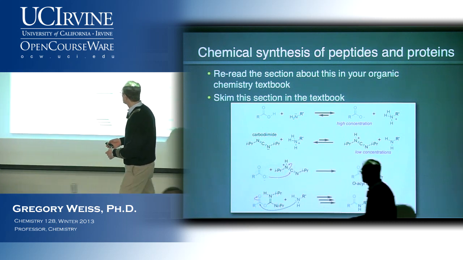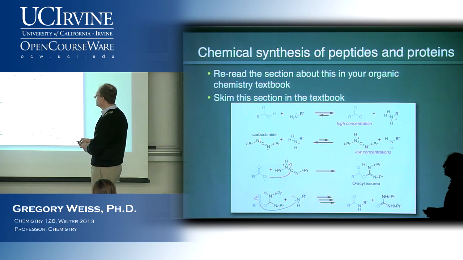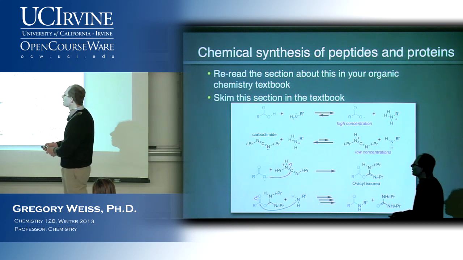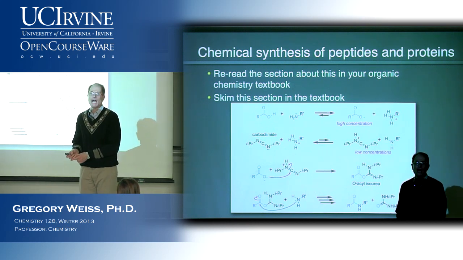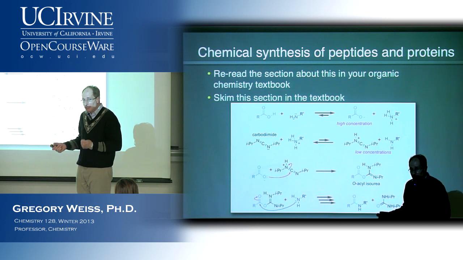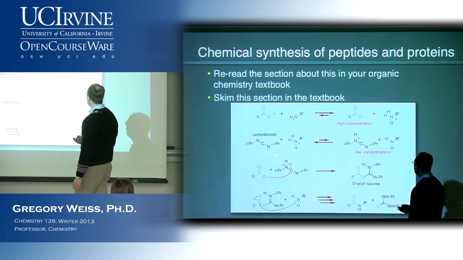And the way we do this is we use an activation reagent that's typically a carbodiimide. This is an isopropyl variant of the dicyclohexyl carbodiimide that you learned about back in Chem 51C. So this is the equivalent of DCC. You remember DCC? So this thing is a fantastic electrophile.